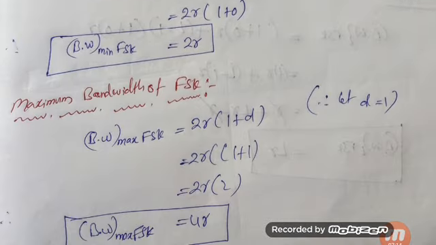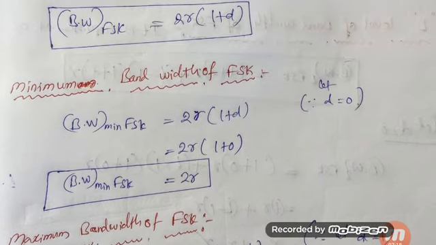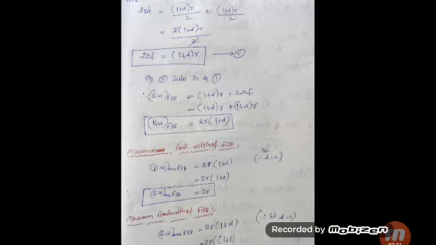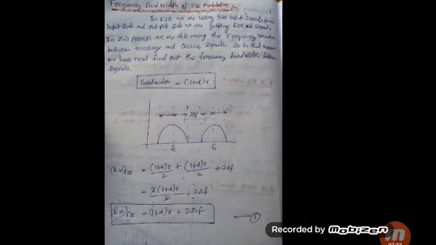And already we determined the maximum bandwidth of FSK equal to 4R, the minimum bandwidth of FSK equal to 2R, and the overall bandwidth of FSK equal to 2R into (1 plus d). These are the several formulas and equations for calculating the frequency bandwidth in frequency shift keying.